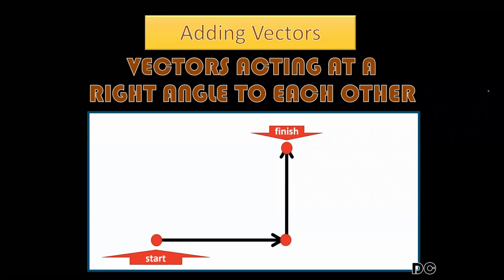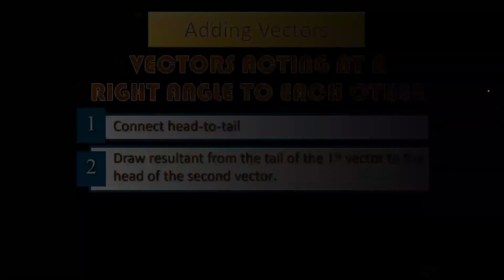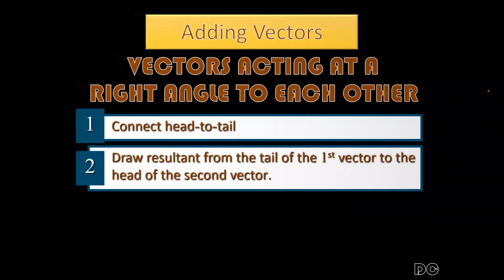As you can see, we can form a right angle from the two vectors. After you connect the two vectors, draw your resultant line.